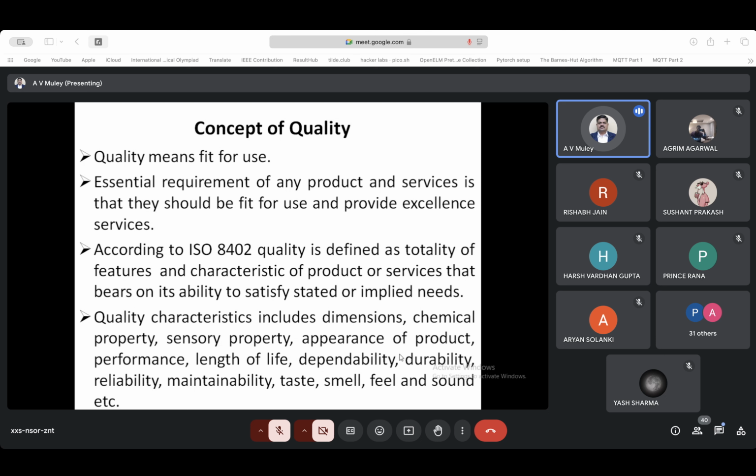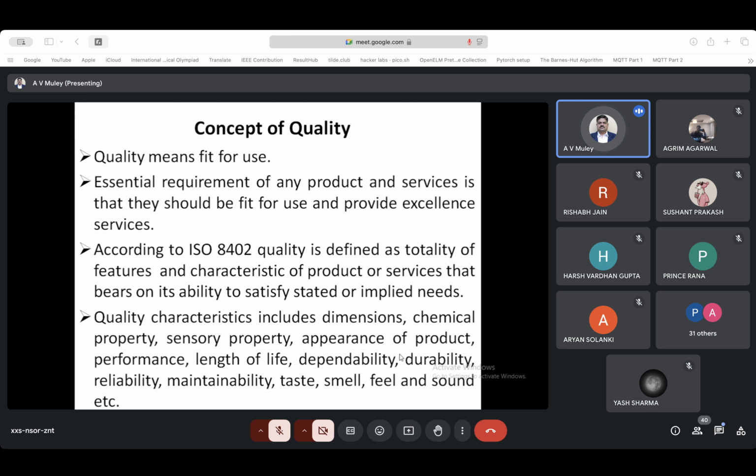So there are different quality characteristics. Okay, measurable characteristics, and we can summarize these characteristics in four groups, that is the quality of design, then the quality of performance, then, for example, availability, customer services.